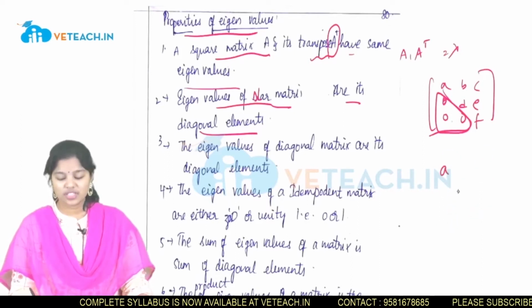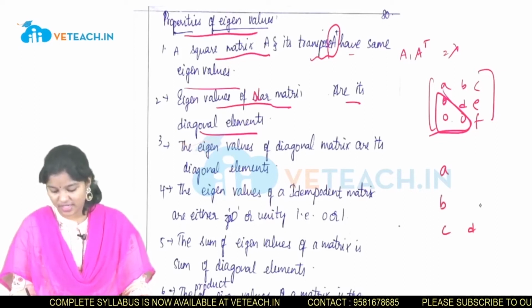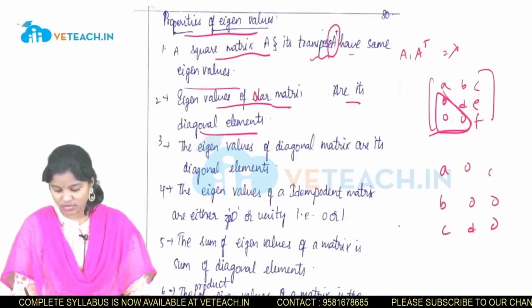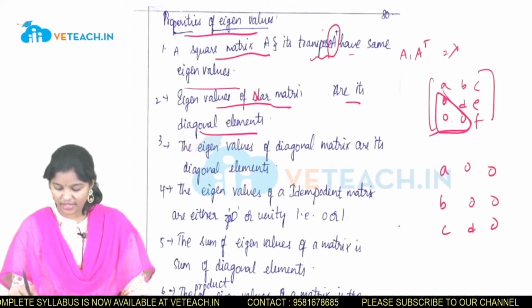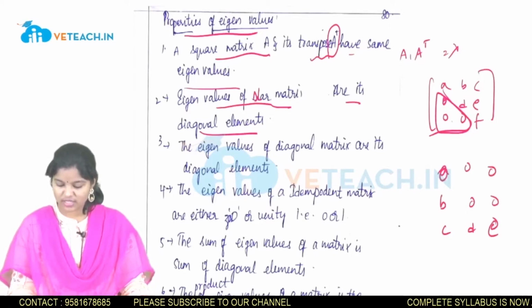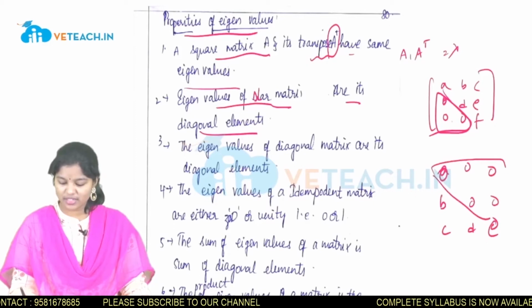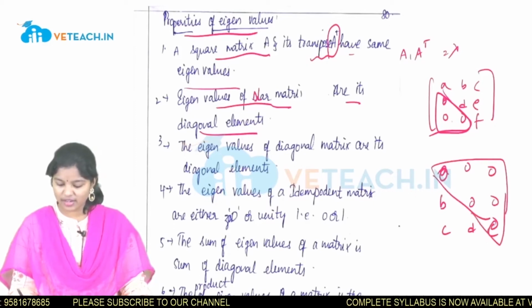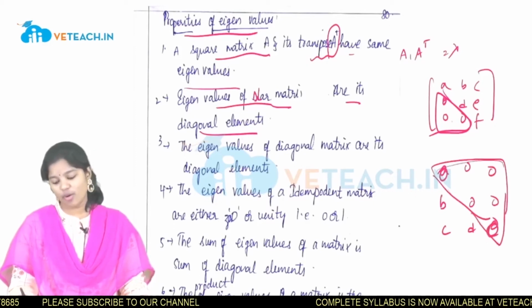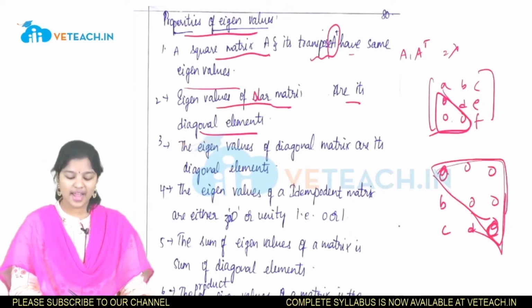Suppose a matrix is A, B, C, D, 0, 0, 0, 0, 0, or again we can take here also 0 and here some E. Here it is in the form of a triangle. You can write here also 0. So this is in the form of a triangle. So this is also called a triangular matrix.